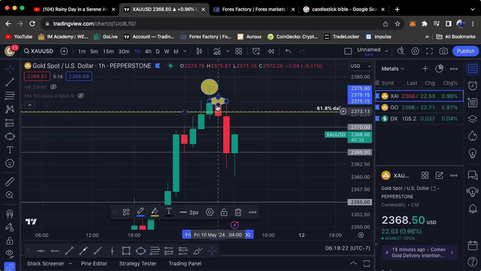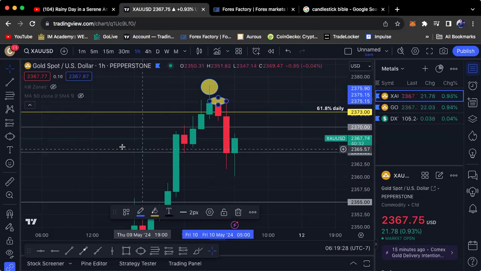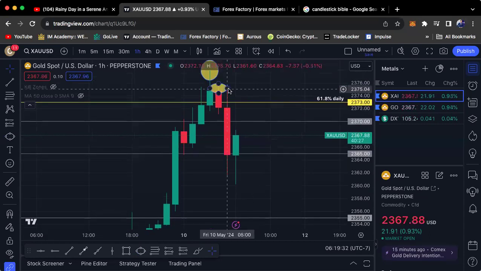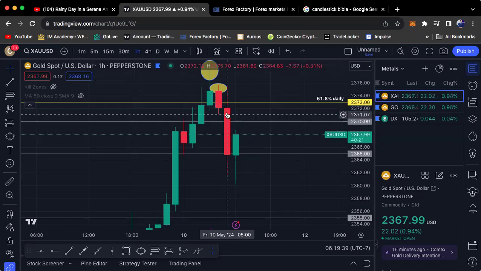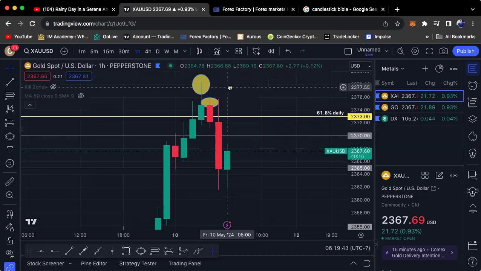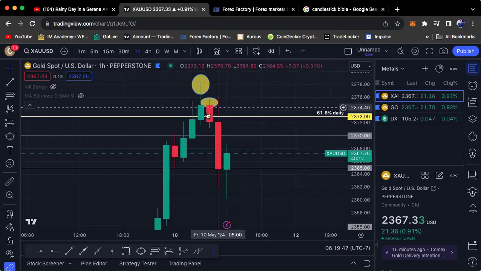Whenever you see this, expect price to trend down. And then the next candle, whoa, sellers came in. Now it started to sell because sellers came into the market. Plus, you have the 61.8 right here.